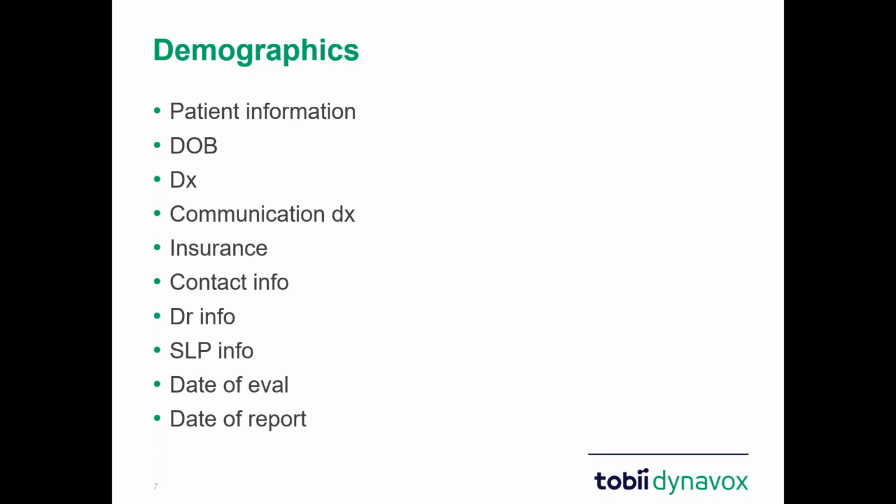I have some SLPs who make the date of eval and date of report the same thing, so that's kind of variable. When we get to the doctor prescription part, and this is really specific, the date of the doctor's prescription has to be after the date of the report, because in insurance's eyes, everything needs to follow a timeline.